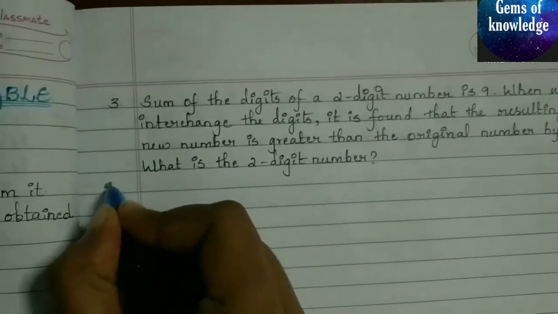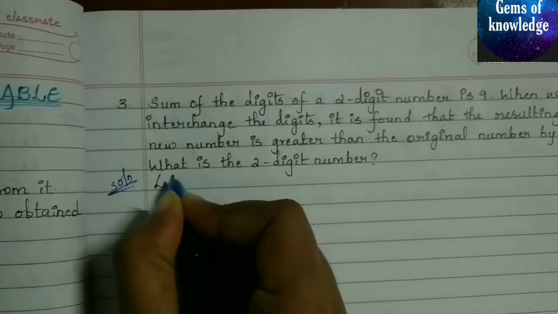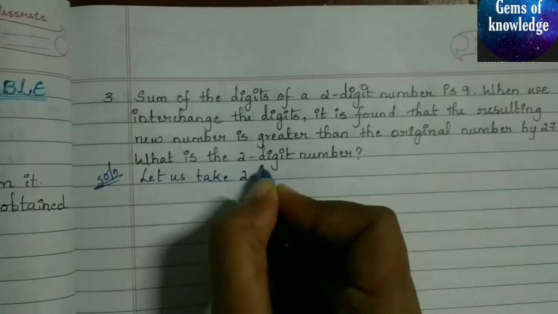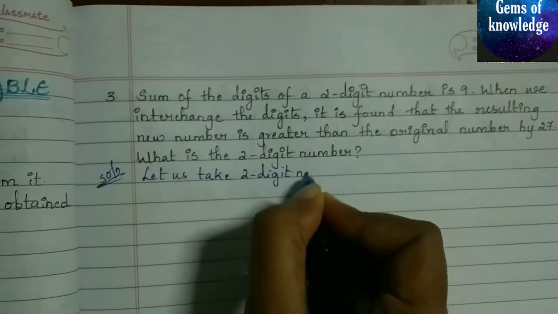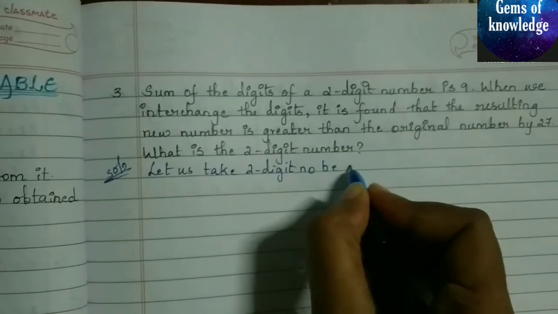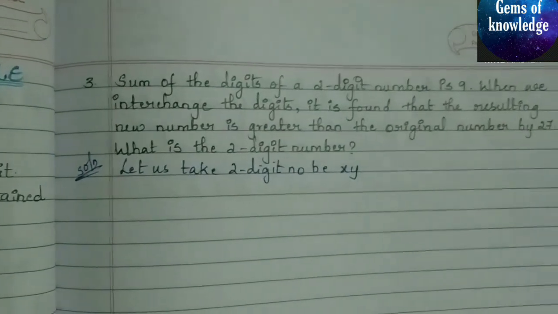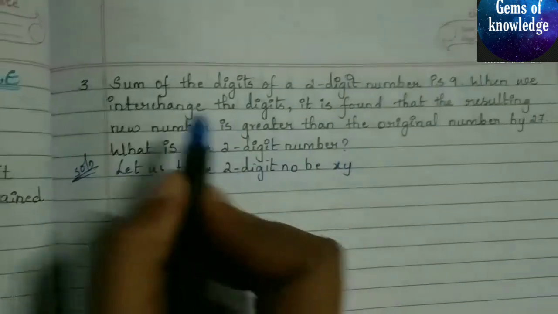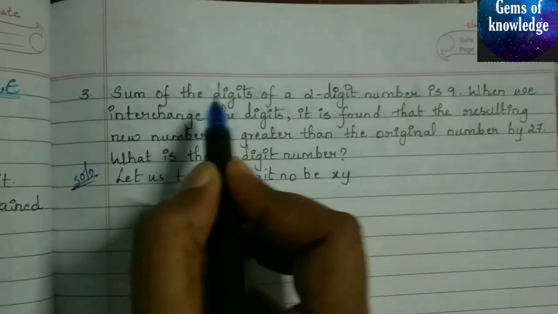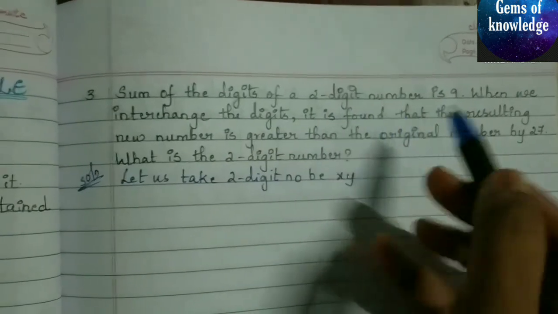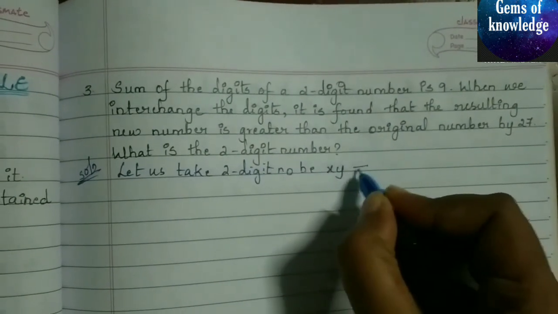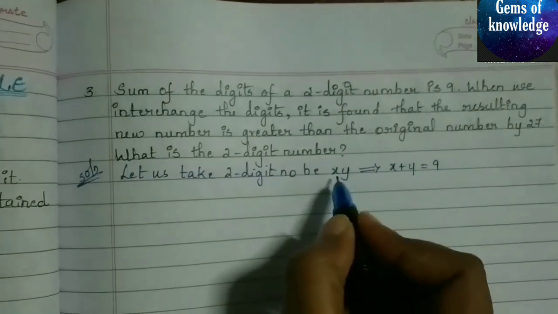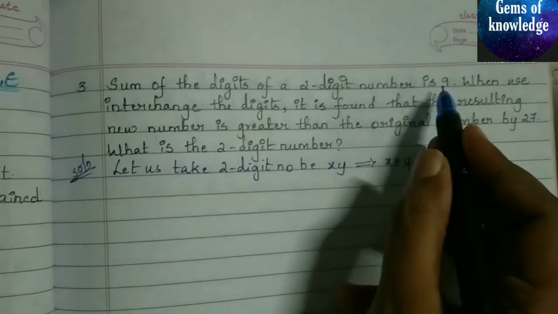So let us consider our 2-digit number to be nothing but X and Y. According to the question, the sum of the digits of the 2-digit number is 9, so we will get X plus Y is equal to 9. The sum of these two numbers is nothing but 9.